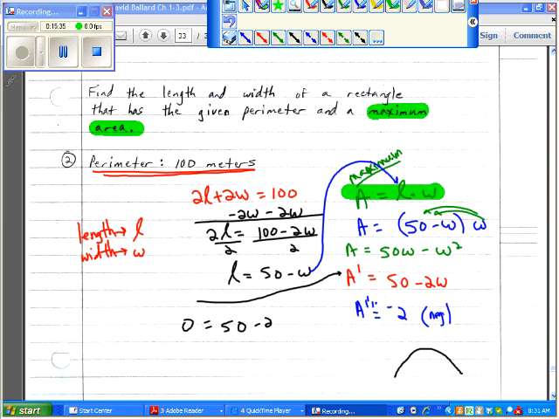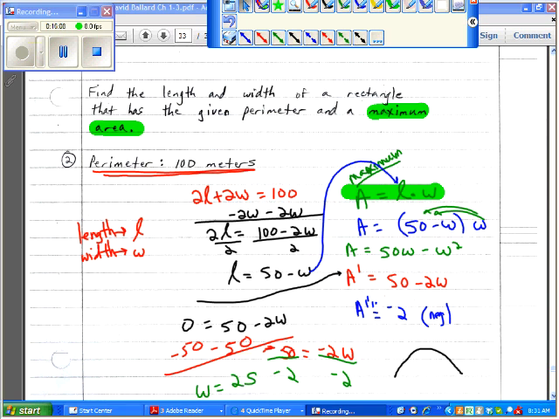We subtract 50, and we have negative 50 is equal to negative 2W. Divide by negative 2, and we get that W is equal to 25.